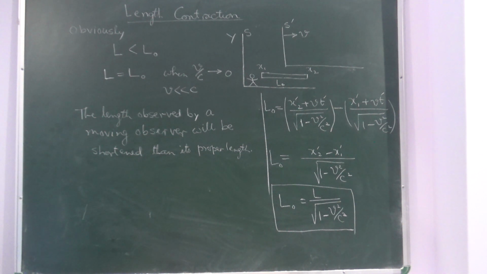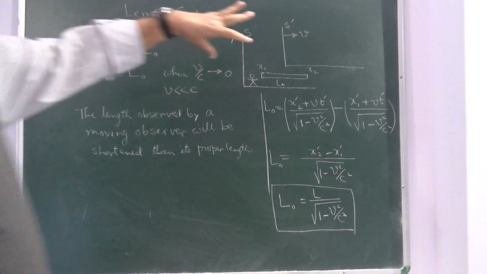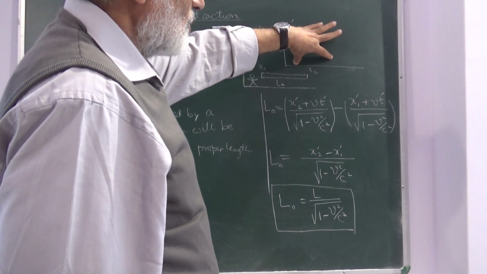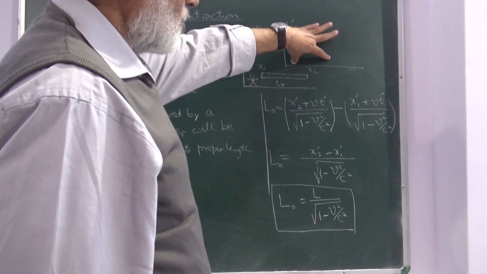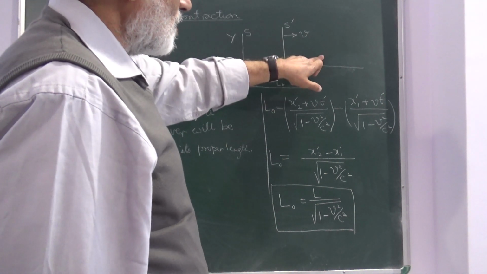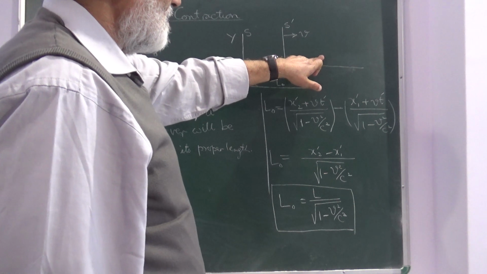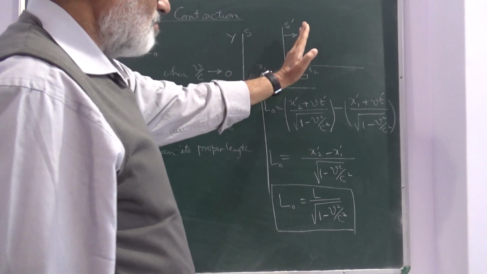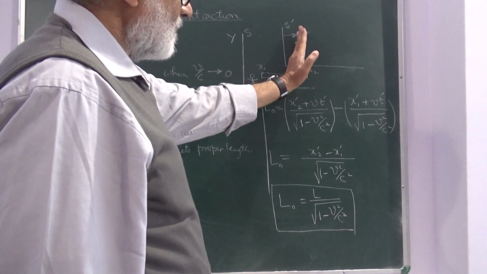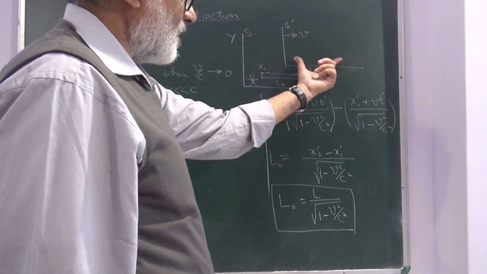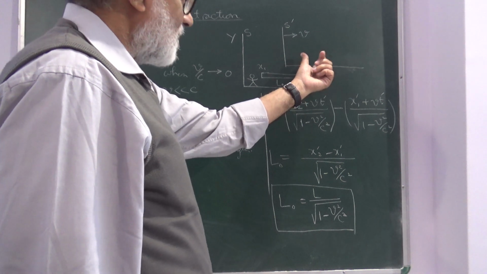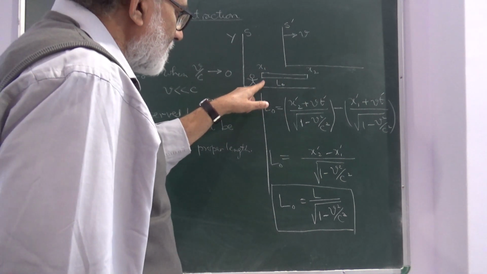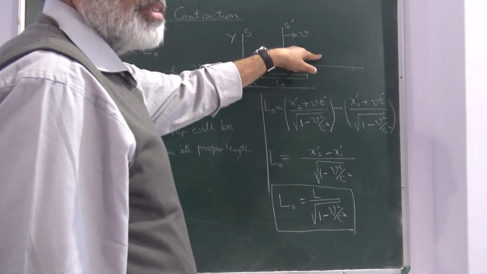this contraction is reciprocal. Suppose you put this rod in this reference frame. For this observer the rod will be L naught, but relative to this observer this frame is moving, because the observer in this frame supposes himself to be at rest and measures the length to be L naught, while relative to the other observer this frame is moving, and he will observe the same length contraction.